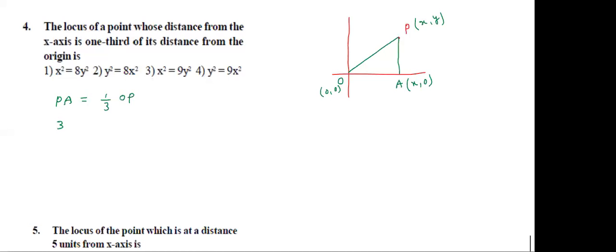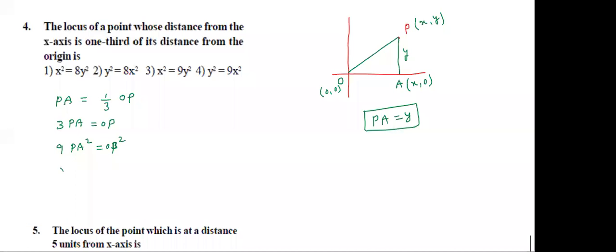Now take cross multiplication. 3 into PA is equal to OP. Squaring on both sides, 9 PA square is equal to OP square. P to A distance, how much, students? PA distance should be y only. The point P to the x-axis, the distance is y. The point P to the y-axis, the distance is x.